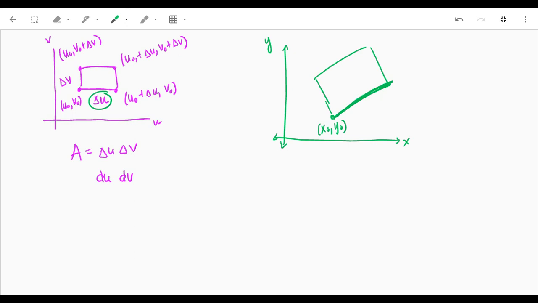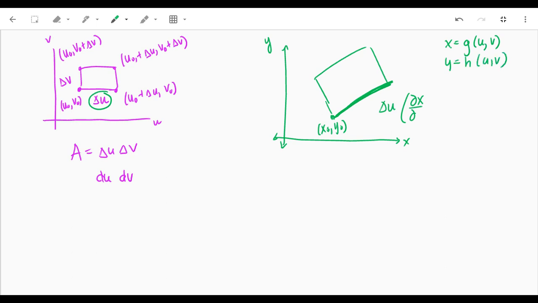Then we can use a vector to describe that side. We would take that delta u, and what we need from it in the x direction is dx du, where x is some function of u and v, and y is also some function of u and v.